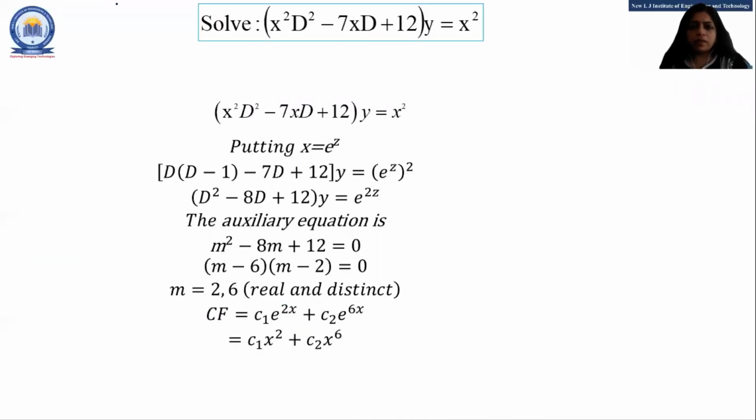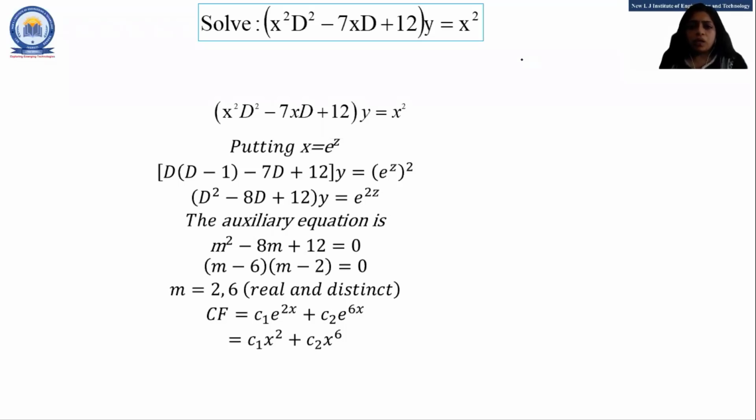Solve x square d square y by dx square minus 7x dy by dx plus 12 y is equal to x square. How do you know the given equation is an Euler-Cauchy equation?